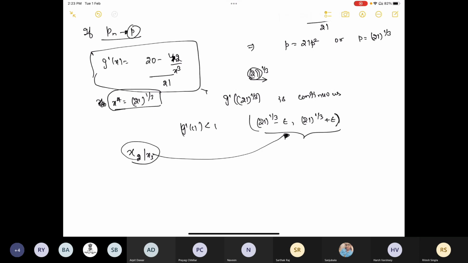So have I discussed in the previous lecture, in the fixed point iteration method, how we can find the number of iterations?